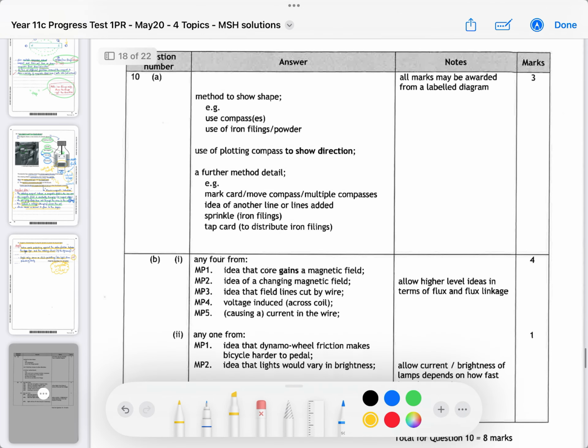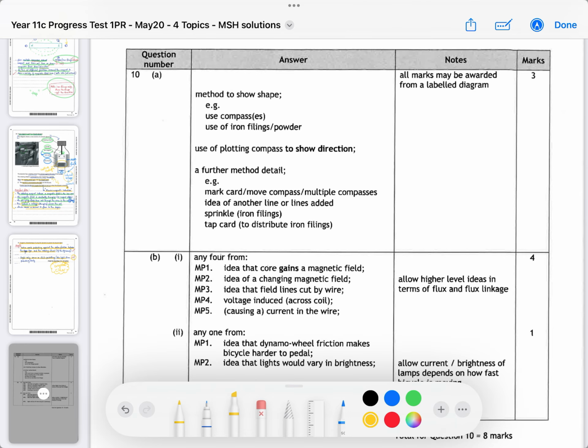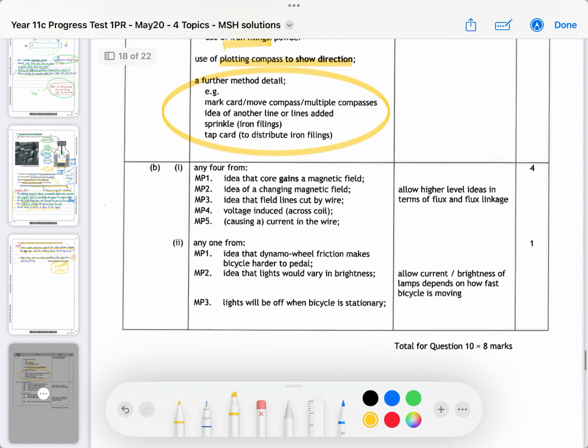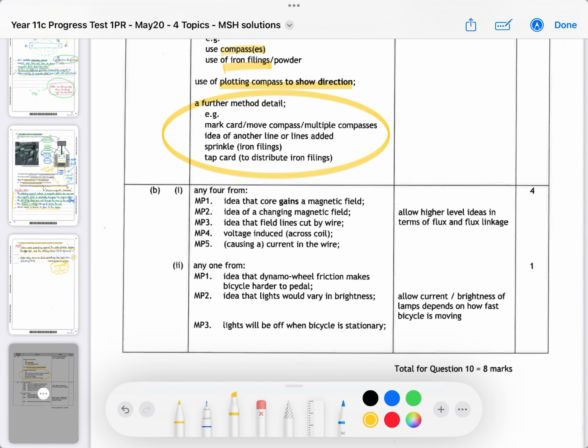There's the mark scheme. So iron filings or a compass gets the first mark. Plotting compasses are required to show the direction, and then further detail, anything like this, will get you the 3rd mark. Okay, and there's the verbalization that I mentioned, for the most difficult questions so far. 5 ways to explain electromagnetic induction.